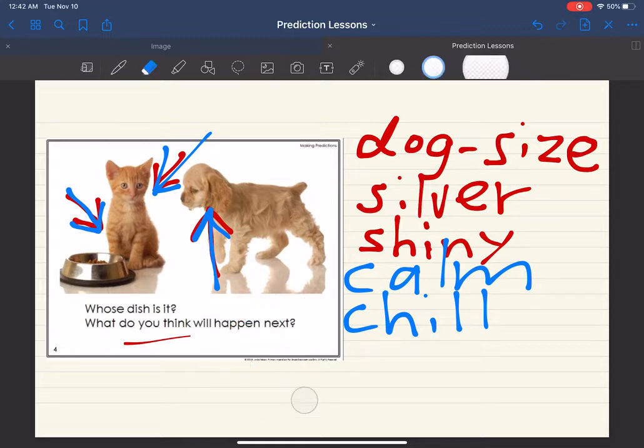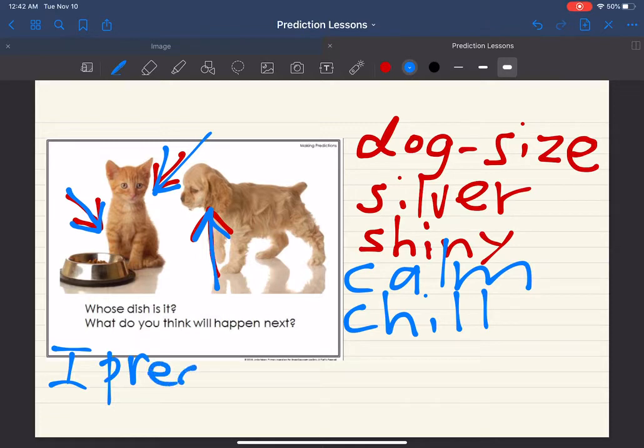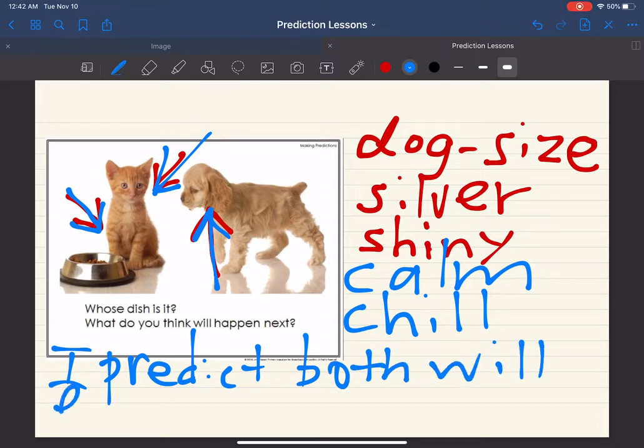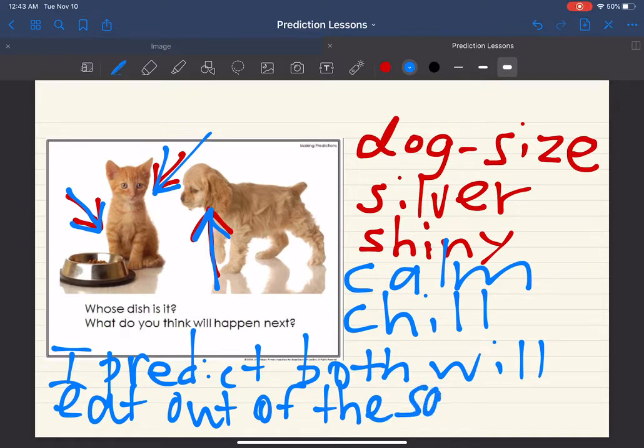My prediction is: I predict both will eat out of the same bowl.